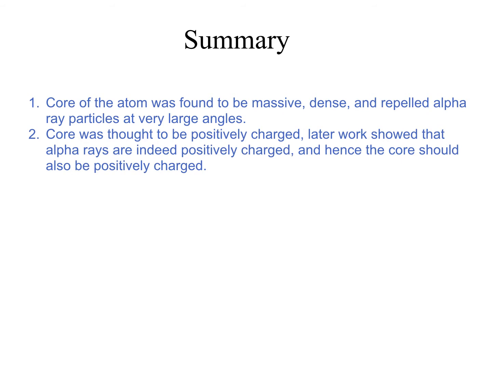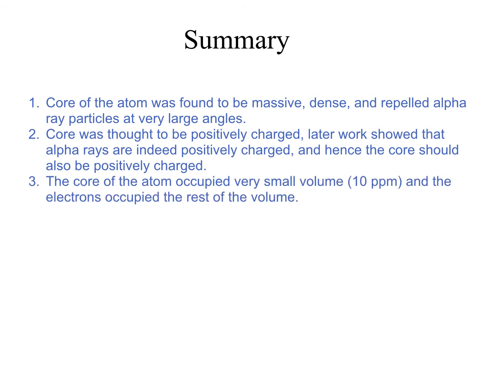Hence, the core could also be positively charged. The core occupied a very, very small volume, about 10 to the minus 5 of the atom, and the electrons should occupy the rest of the volume but have very little mass.